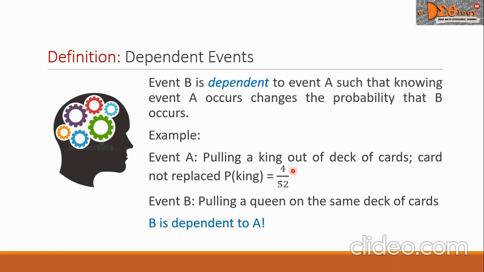There are 4 kings in a deck of cards, and 52 is the total number of cards. For event B, pulling a queen on the same deck of cards, the probability is P of queen equals 4 over 51. There are 4 queens in a deck of cards, and the 51 is the total number of cards in a deck of cards, assuming that the first card is not replaced.